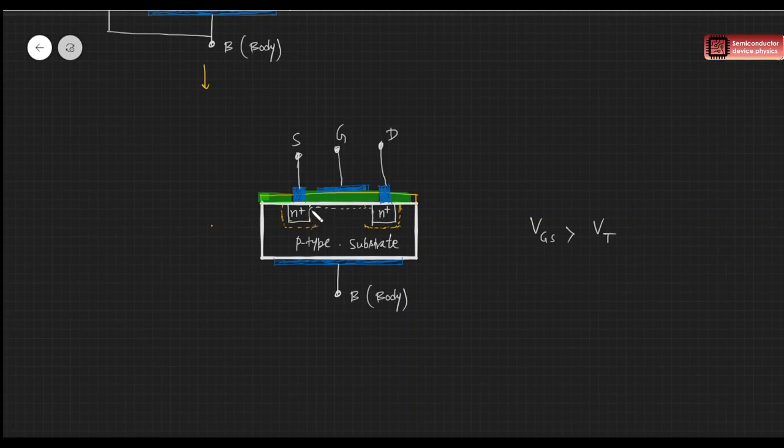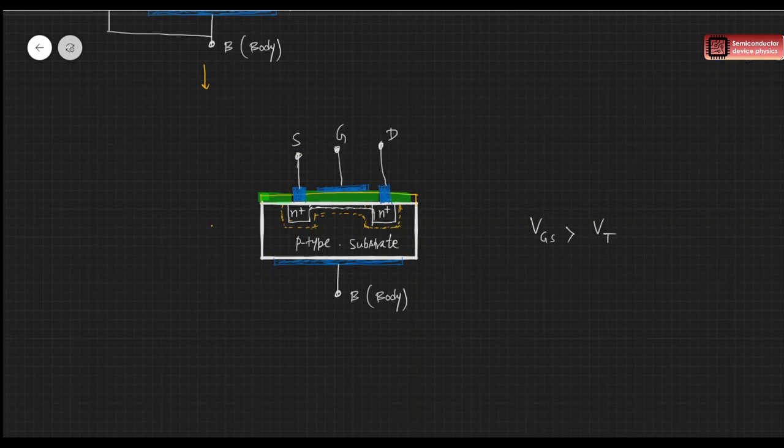So you can see that here we now have a channel, and obviously the depletion boundaries also will change, right? Now you can see that we have a channel between source and drain, right?